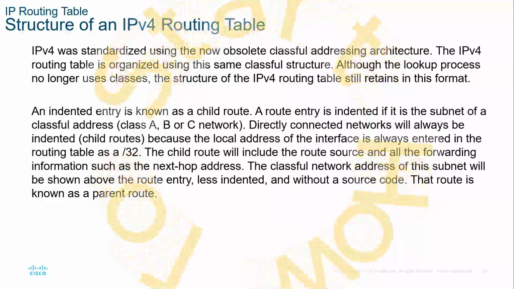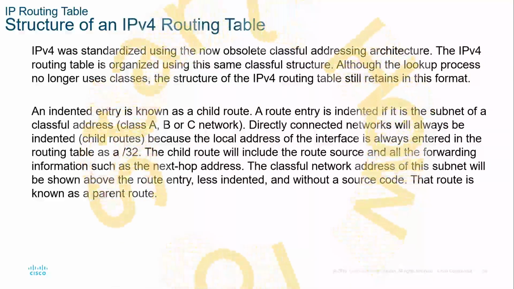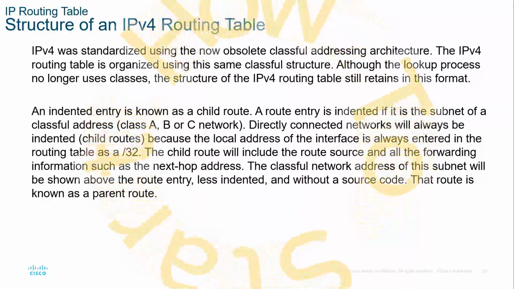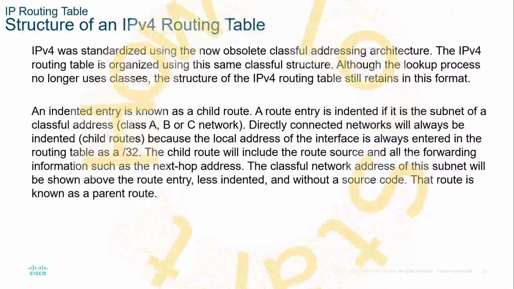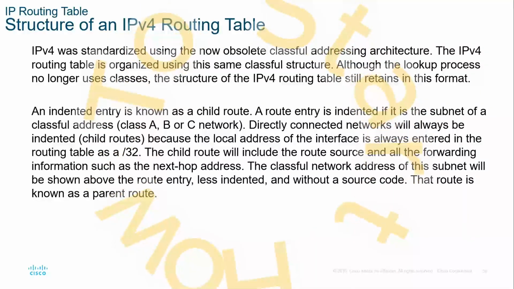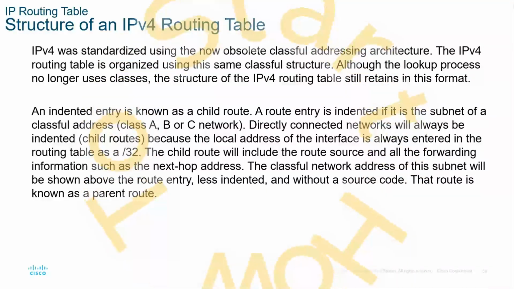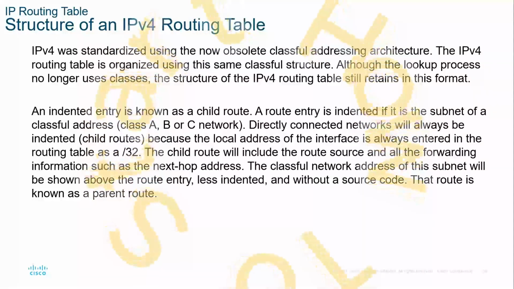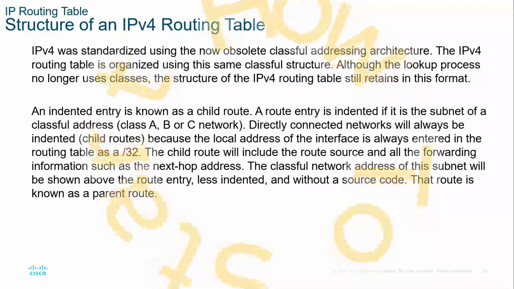So, the structure of a routing table. Basically, IPv4 is standardized using the now obsolete classful addressing architecture. We now use classless. So the lookup process still uses class A, B, and C. Directly connected networks will always be indented like a child route.